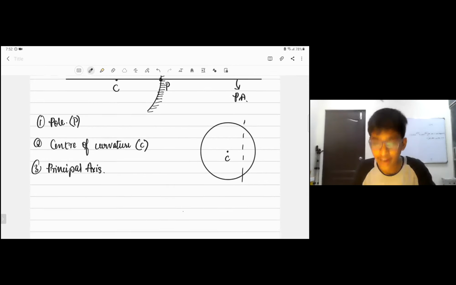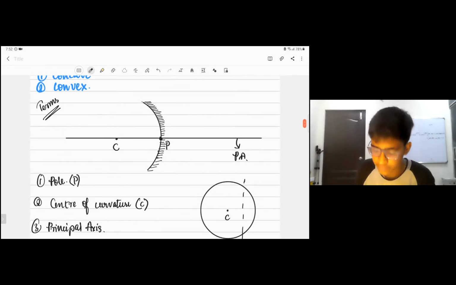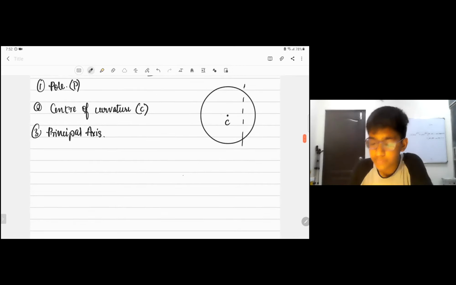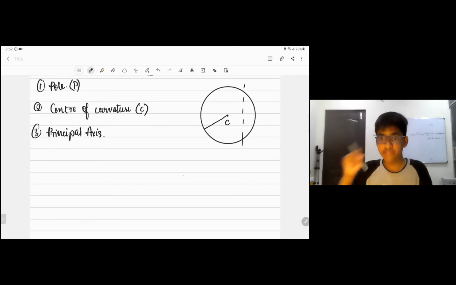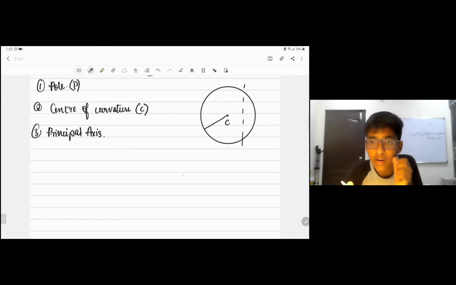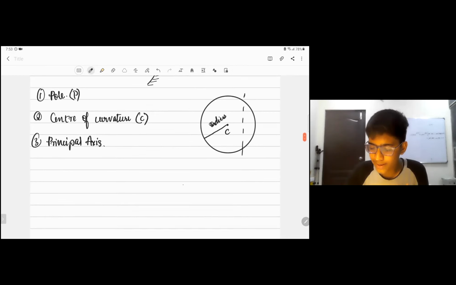Now we have discussed the center of curvature. If I take a sphere or a circle and look at a cross section, and from the center I draw a line to any point on the circle, what is that called? Simply the radius, right? The same applies in the sphere, which is why the volume of the sphere is 4 by 3 pi r cube.